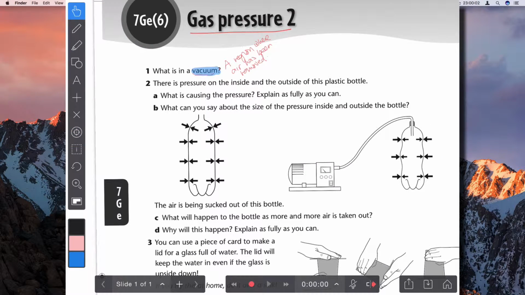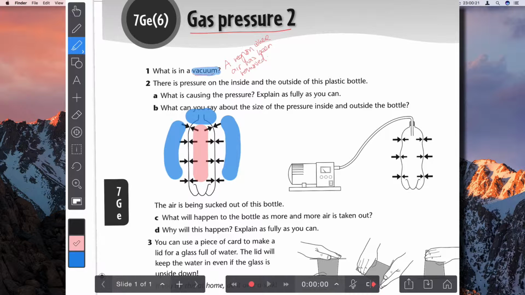Okay, so let's see. So there is a bottle. Now on this bottle, the top is open. There is pressure on the outside and there is pressure on the inside.